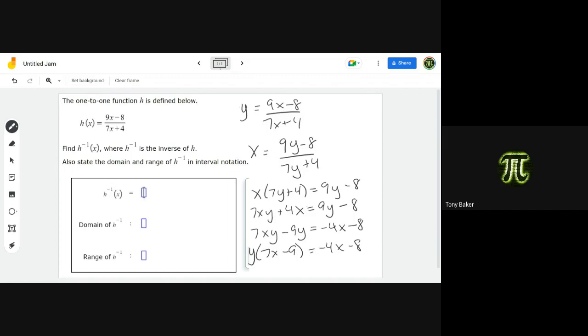And now I can divide both sides by the 7x minus 9, which gives me my y completely by itself. So that would be my inverse.